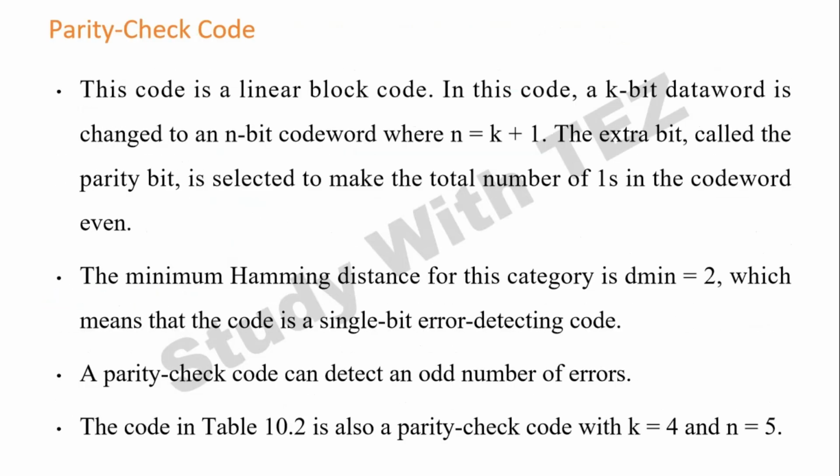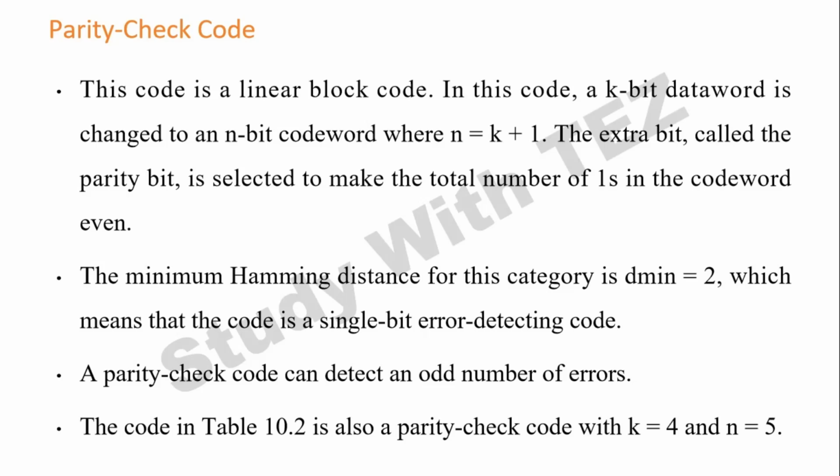Then the last one we'll be dealing with today is the parity check code. This code is a linear block code. A k-bit data word is changed to an n-bit code word, where n is just one bit more than the k-bit data word. That one bit will give the parity, whether even parity or odd parity. For our comfort, we are going with even parity.